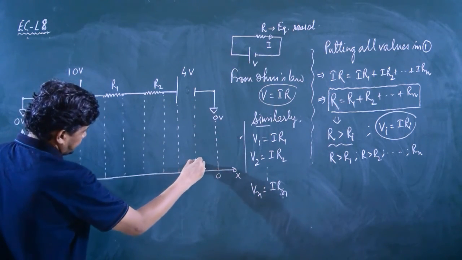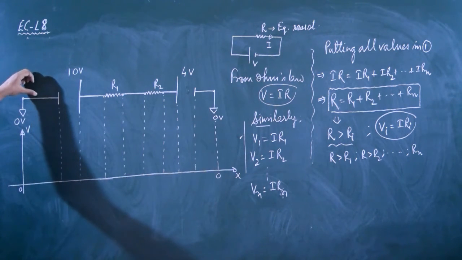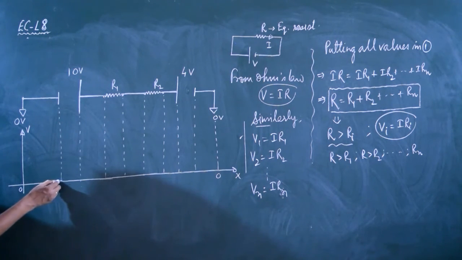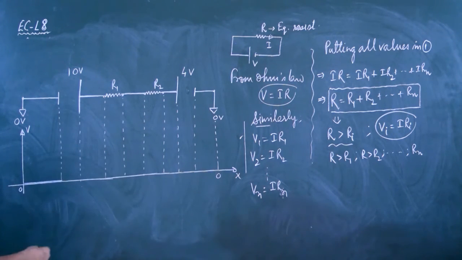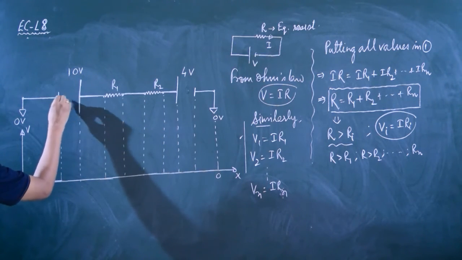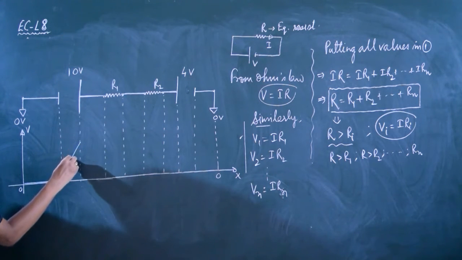Now see, 0 volt, because this one is nearly a pure conductor of negligible resistance, that's why potential is 0 here also. Okay. Now potential increases from 0 volt to 10 volt, because the potential difference is 10 volt between the terminals of the cell. This difference is 10 volt.